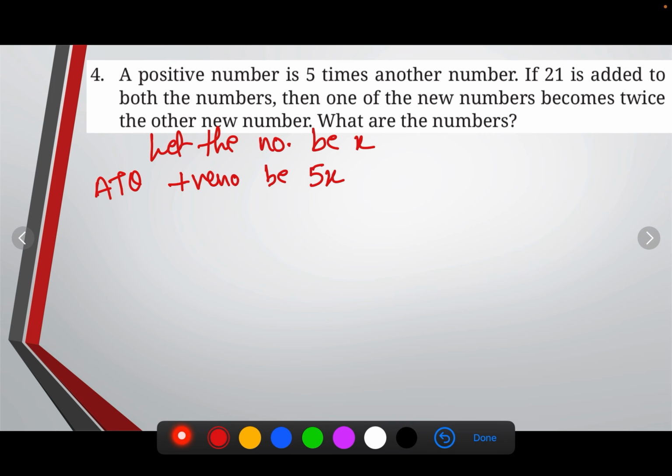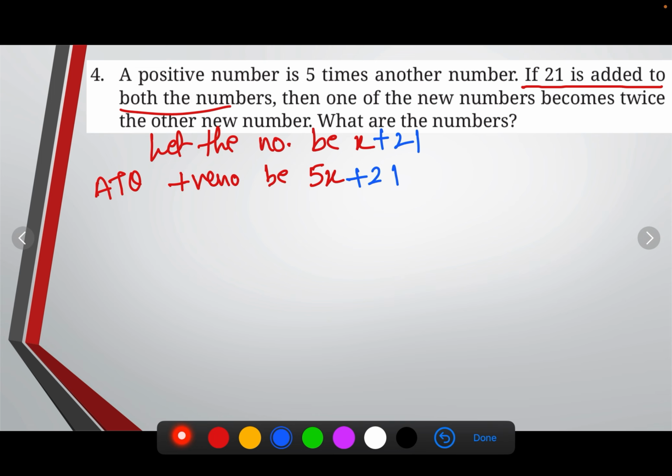If 21 is added to both, then one new number becomes twice the other new number. So it is saying 21 is added to both the numbers. So this turns out to be plus 21, plus 21. Then one of the new numbers becomes twice the other, obviously this will be somewhere twice, right? Because it is 5 times.